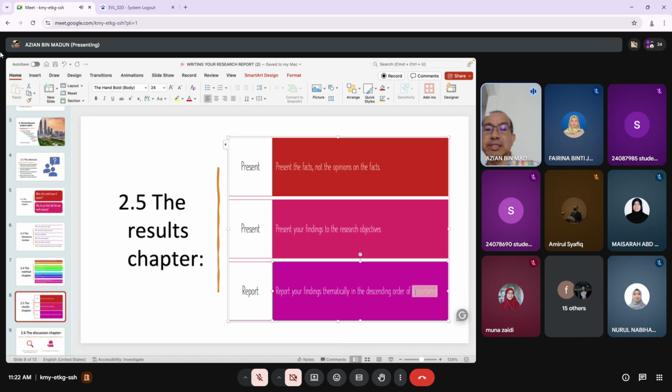I'm talking about themes: report findings thematically in descending order of importance, with the more important ones next to each other. That's the whole idea of this results chapter.